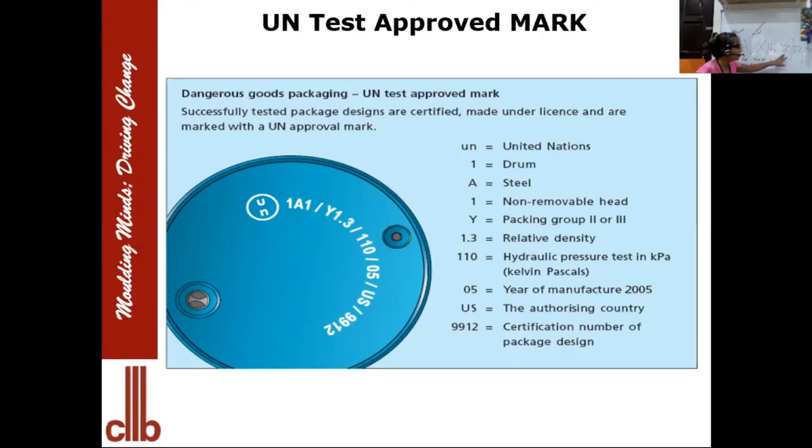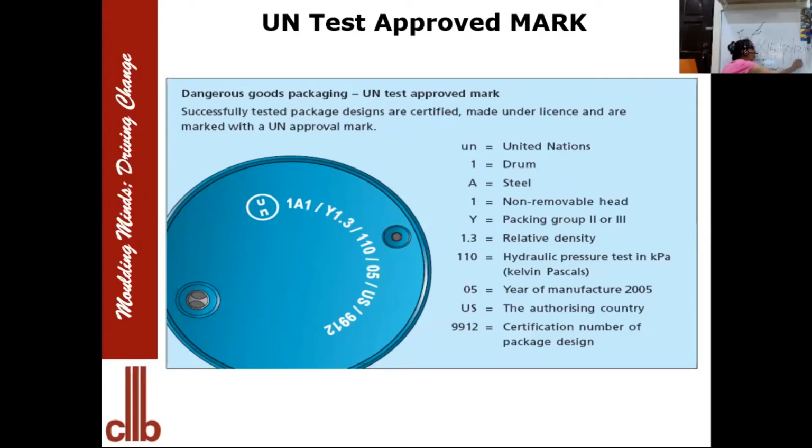So this column here, or the slash after the information on relative density, is now telling you the pressure that the receptacle can withstand. That means it was tested up to 160 kilopascal. That's what this is communicating to you.